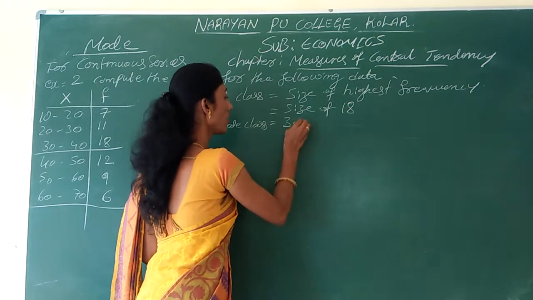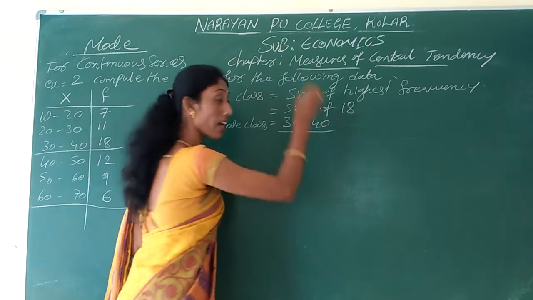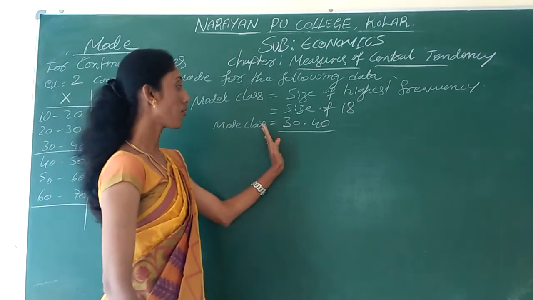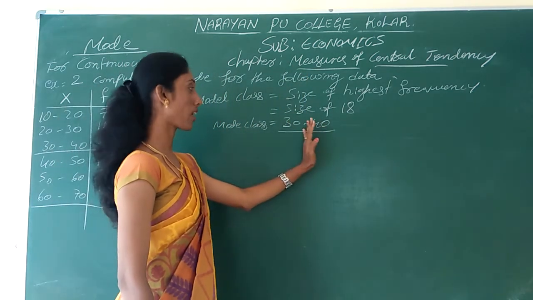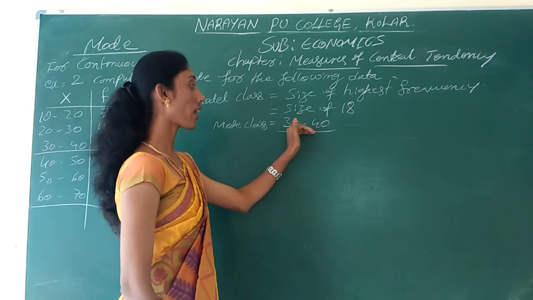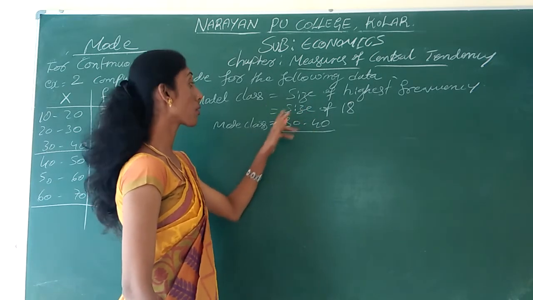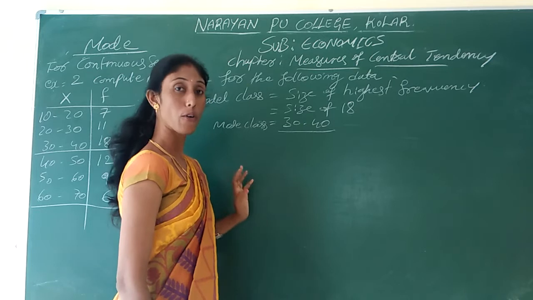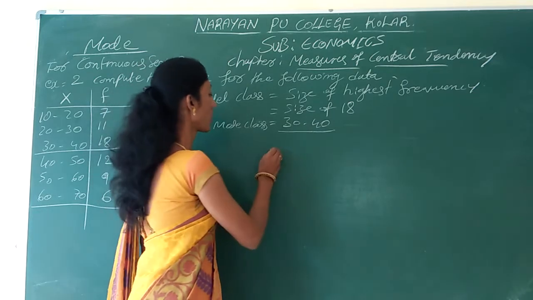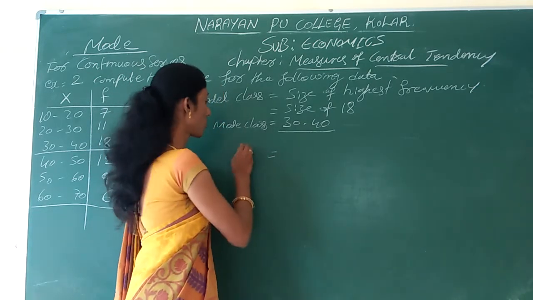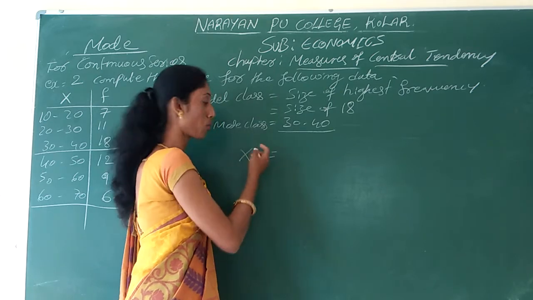The mode class is now 30 to 40. After finding the mode class, we again need to find what the mode is in between this 30 to 40.